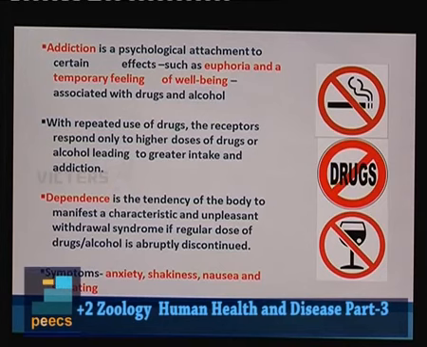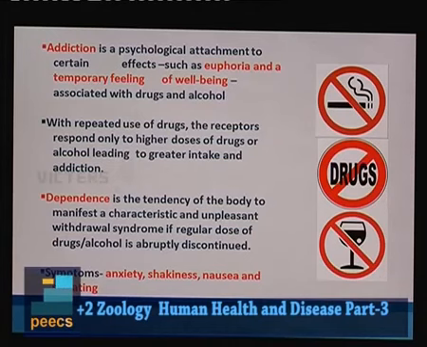Then what is dependence? Dependence is a tendency of the body to manifest certain symptoms, and these symptoms are called withdrawal symptoms. If a drug of dependence or alcohol consumption is abruptly stopped, if that person is an addict, that person will show some characteristic symptoms or withdrawal symptoms, then we say that there is dependence.